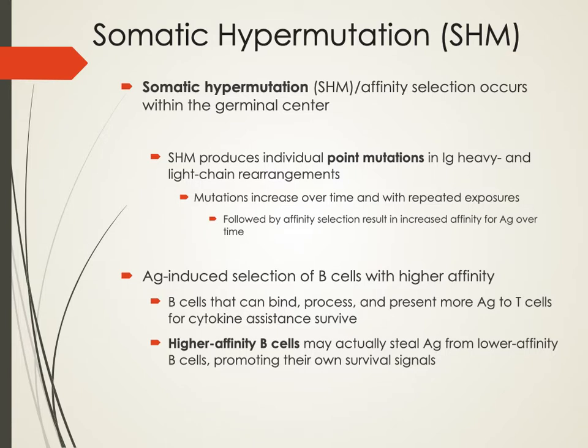And those mutations can increase over time and with repeat exposure. And so as each exposure happens, the affinity of that receptor increases, and it increases because it's being selected for, okay?